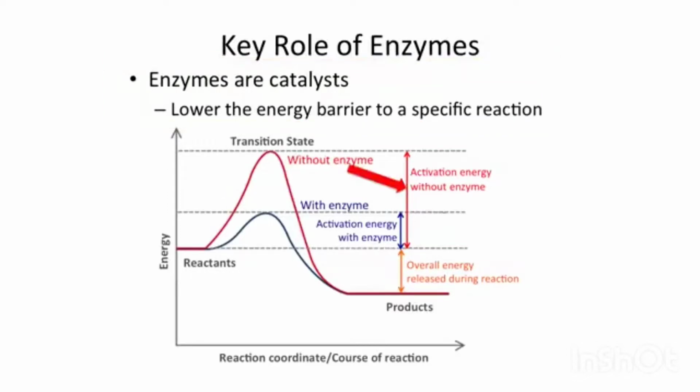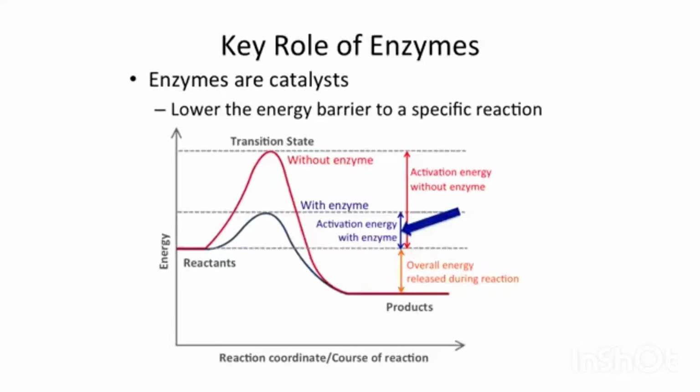If we look at the transition state, that is the energy of the state that is the intermediate in the reaction, the activation energy without enzyme can be quite high and can present a significant energy barrier to a reaction. On the other hand, enzymes lower that activation energy so that the mountain that has to be climbed to get to the products is much less.